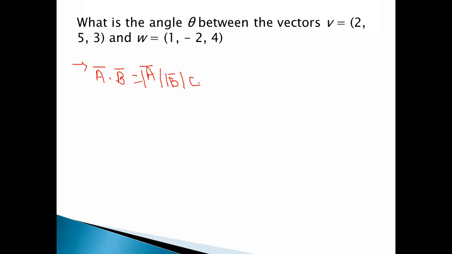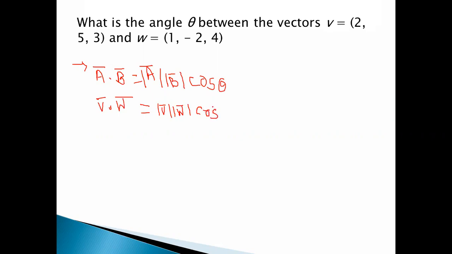V and W. So we write the equation for dot product for these two vectors: V bar dot W bar is equal to mod of V bar then mod of W bar into cos theta.